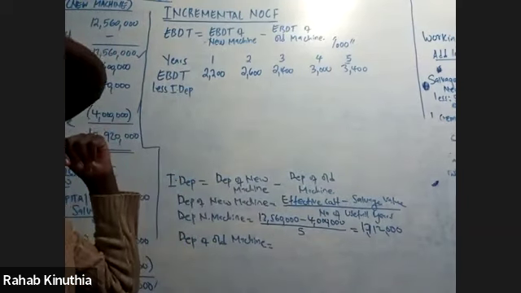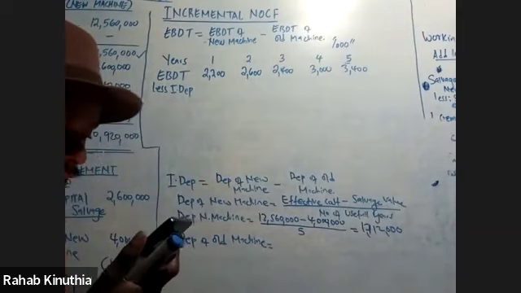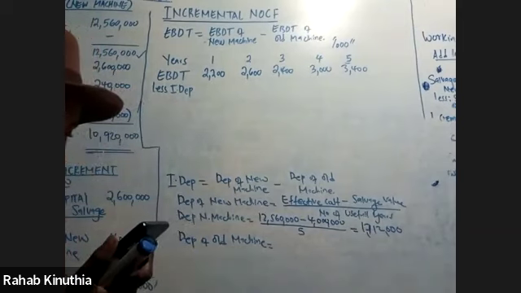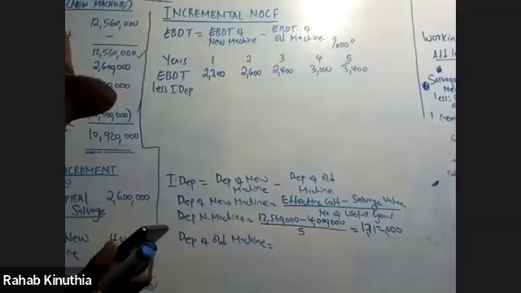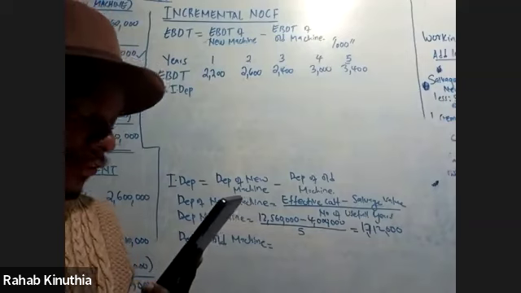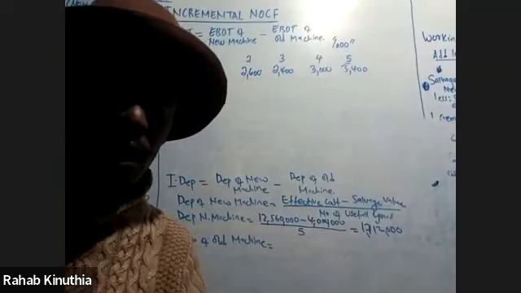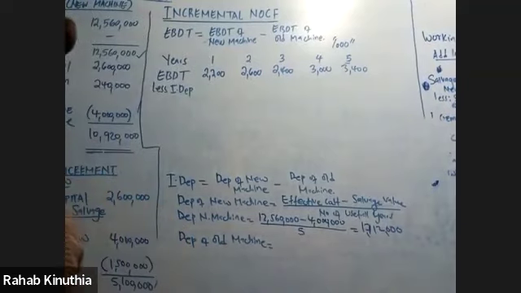Anything in past, we ignore. Now let us do it. So now a critical analysis, however, shows that the machine could be used for the next 5 years. The salvage value of how much? 1.5. So it can have a salvage value after 5 years.